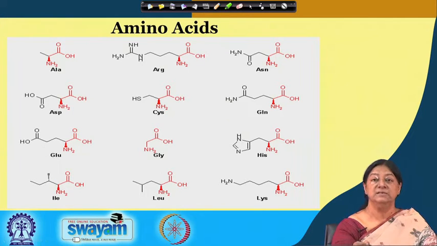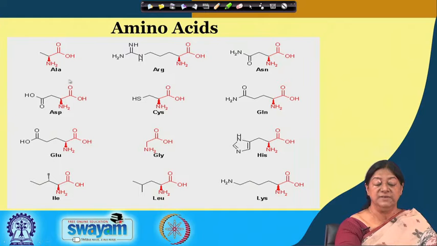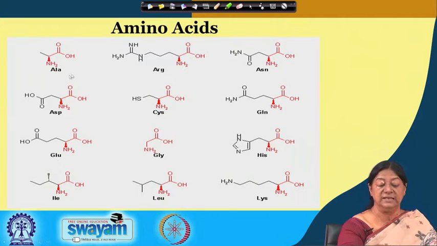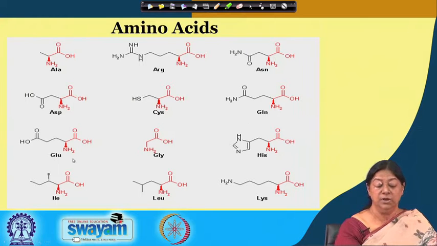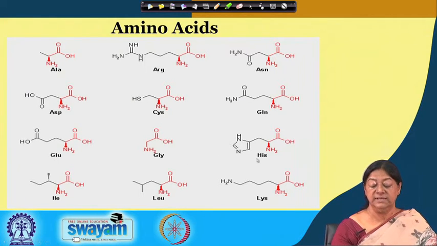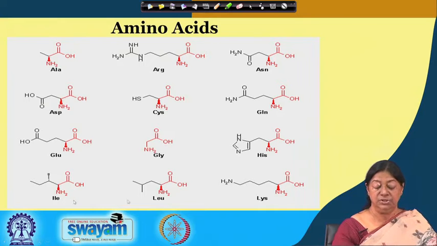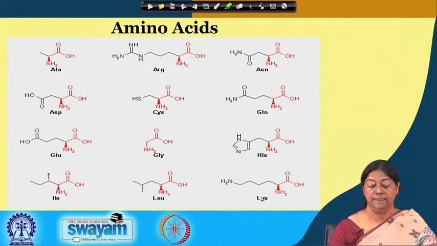That is the side chain, and that gives it the different amino acid characteristics. So, this is alanine, this is arginine, asparagine, aspartic acid, cysteine, glutamine, glutamic acid, glycine, histidine, isoleucine, leucine, lysine.